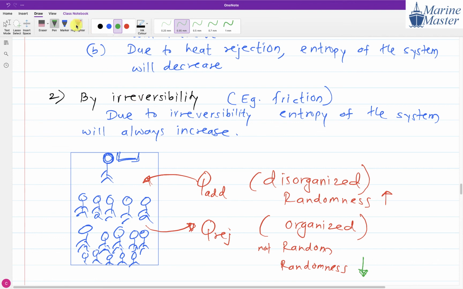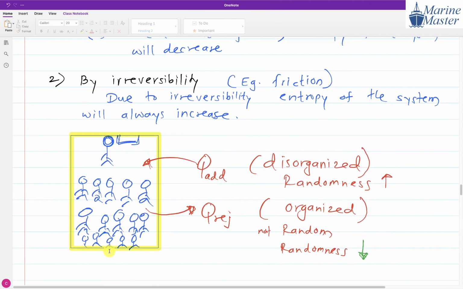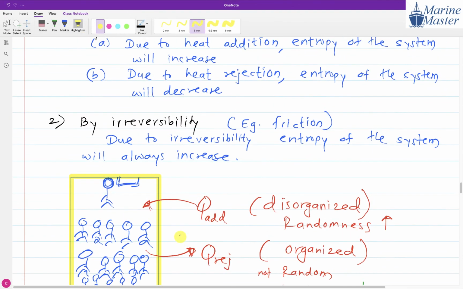If you consider this classroom as our system, then due to the naughty student, the entropy of the system will increase. So this is all about entropy.